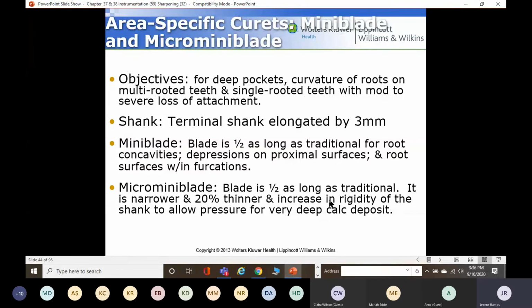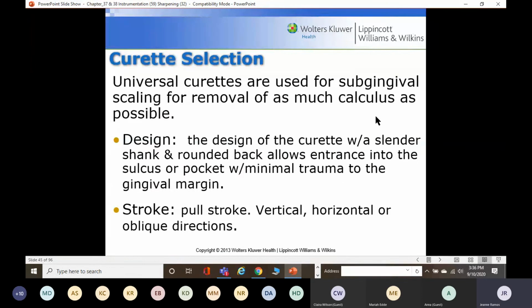And it has an increase in rigidity of the shank to allow pressure for very deep calculus removal. So it's much, much thinner. Some of the pockets that we deal with are not that wide, and so they make extra advanced curettes to accommodate that.